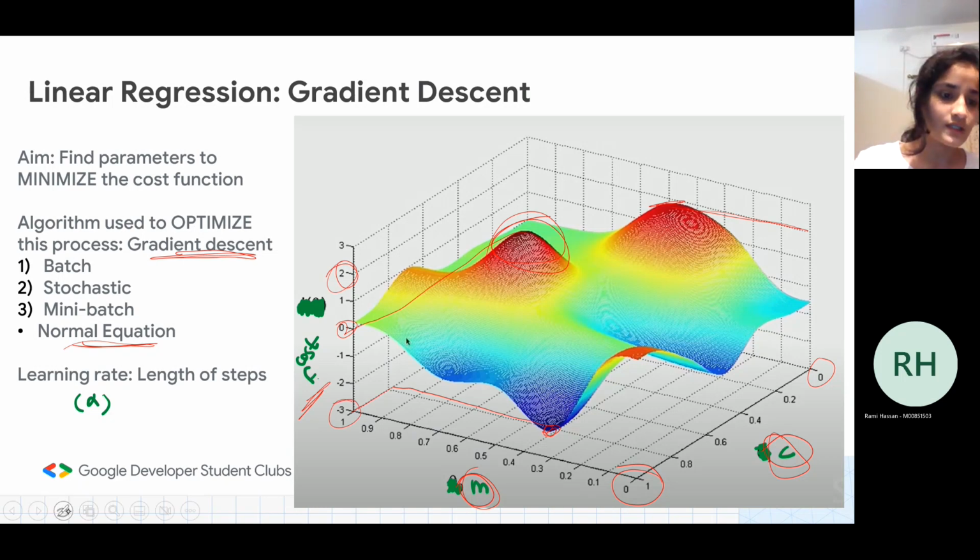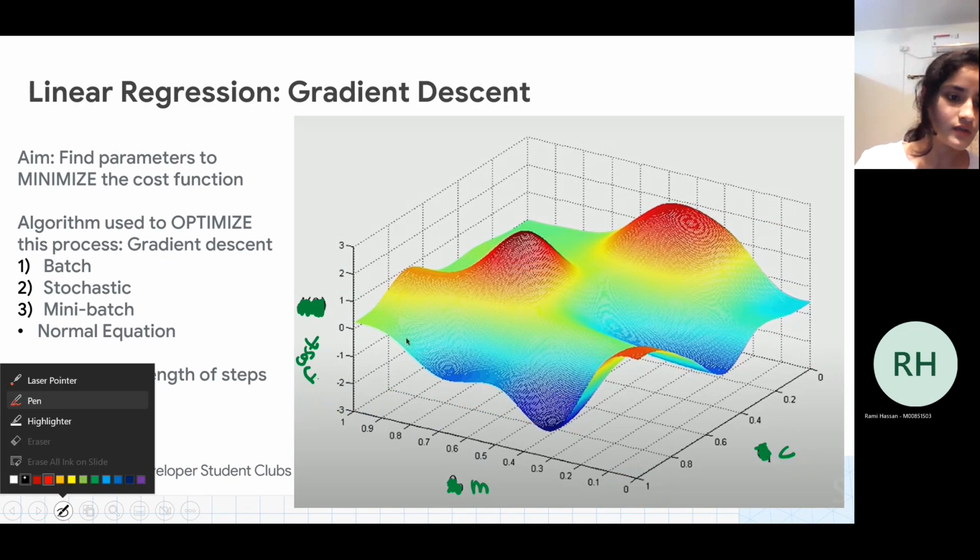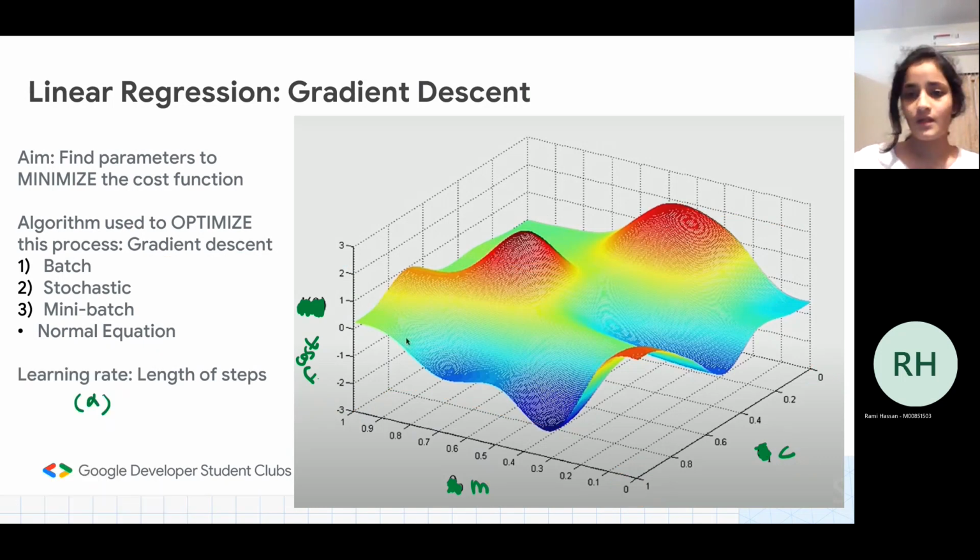So what gradient descent does, let me change the color so you can see it properly, is it starts off at a random point, right? So maybe I'll choose here. This random point means a random value of M and a random value of C, and this is the corresponding cost function. So I need to take steps to lower the cost function.